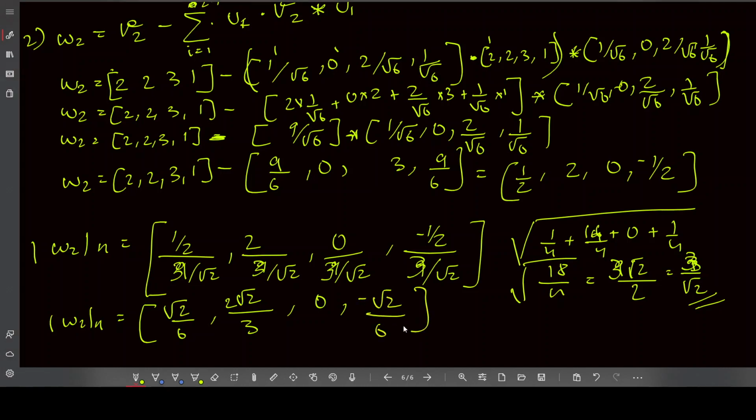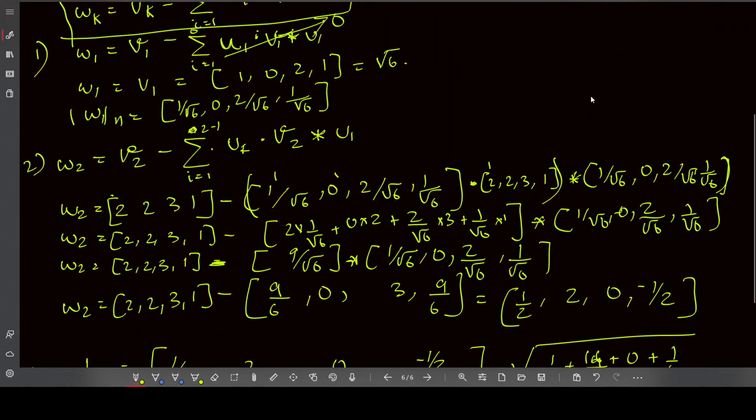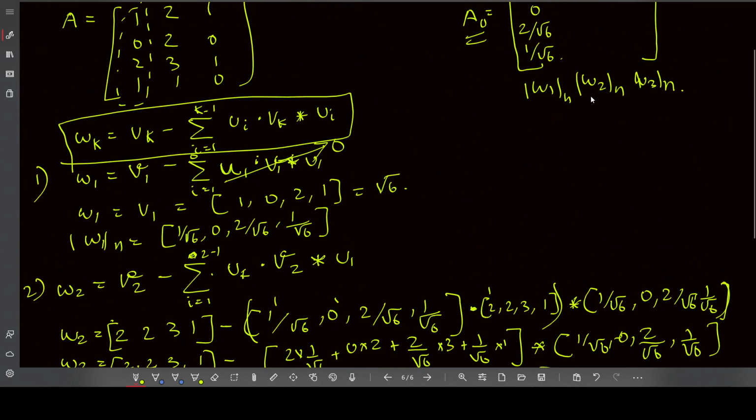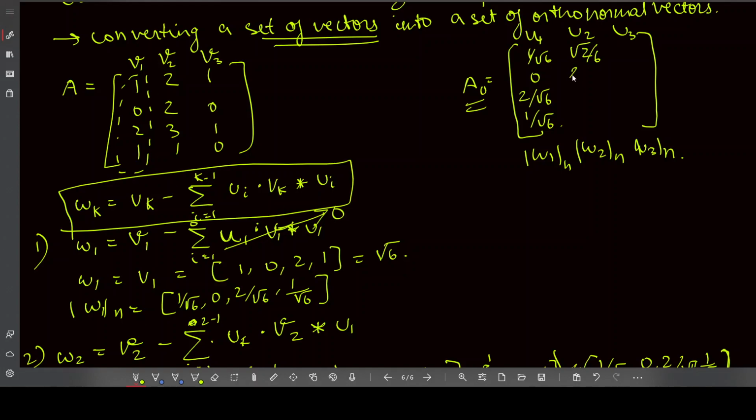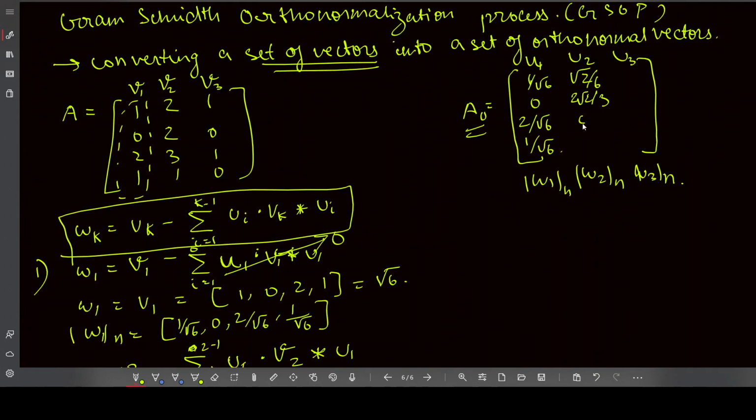Okay, so this is the value of the second vector, under root 2 by 6, 2 under root 2 by 3, 0, and minus under root 2 by 3.